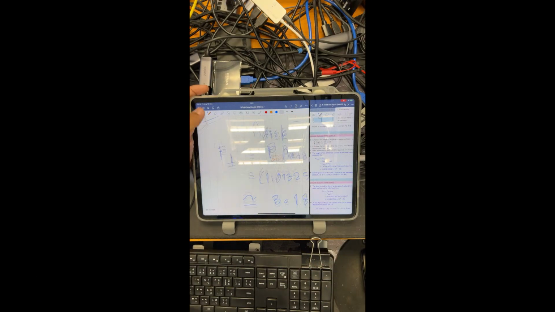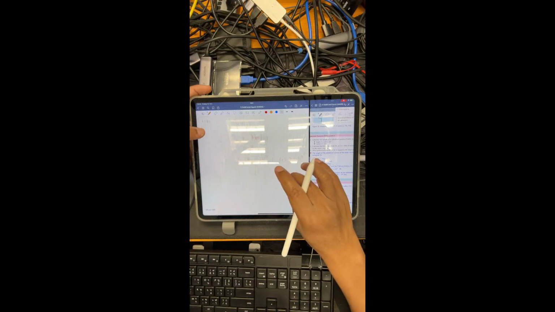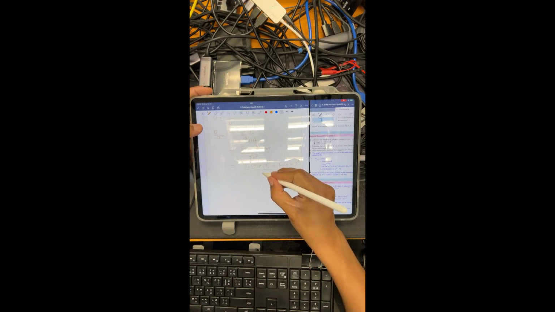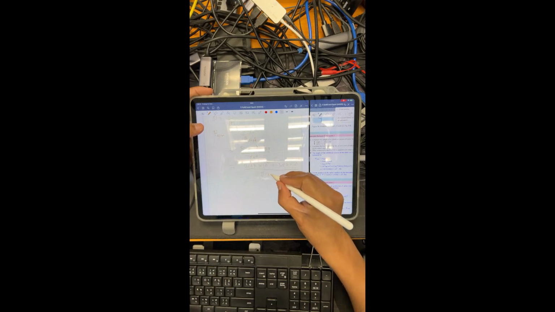1.23 times 10 to the power of 6, divided by the cross-sectional area of the lower lid, which is pi r squared, and the radius is 1, right?